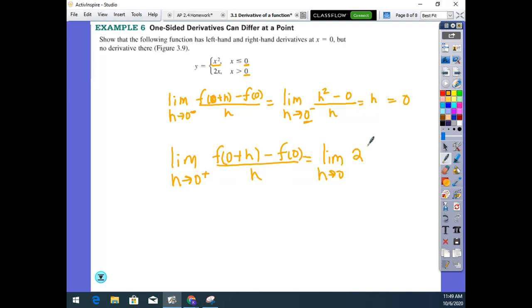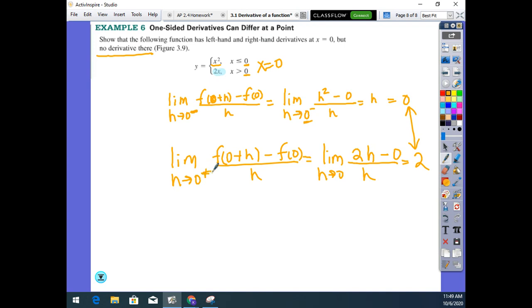This time I have 2h minus 0 over h, because this time from the right, I'm plugging it into 2x. So this time I get 2. Notice these are not the same. So we say there is no derivative at x equals 0 because the derivatives are not the same from the left and from the right, just like limits.